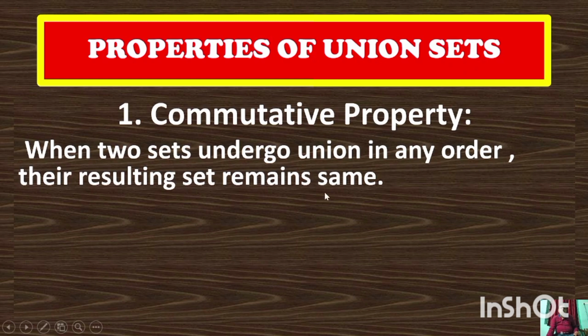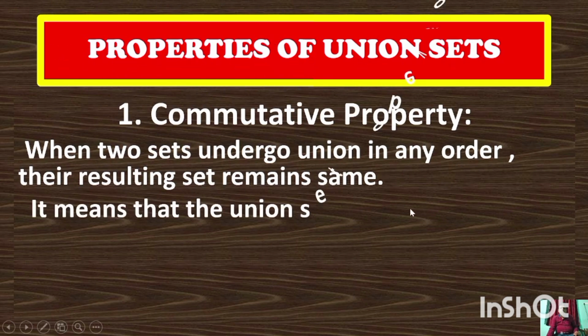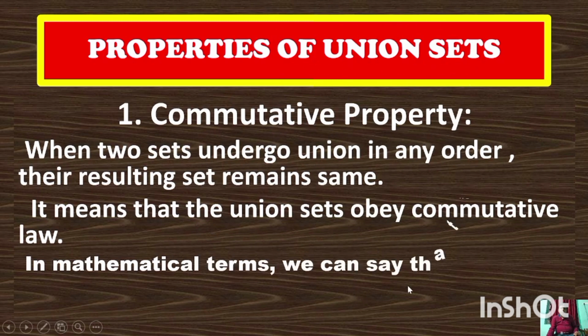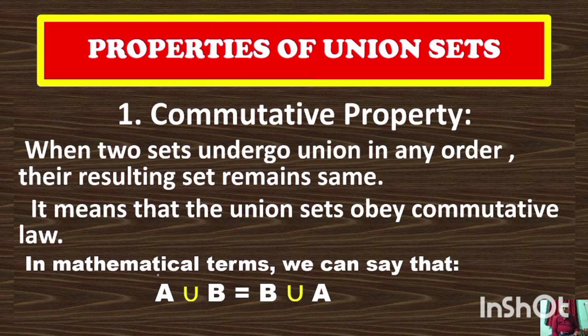When two sets undergo union in any order, the resulting set remains the same. It means that the union of sets obeys the commutative law. In mathematical terms, we can say that A union B is equal to B union A. The set union obeys the commutative law. Is it clear?